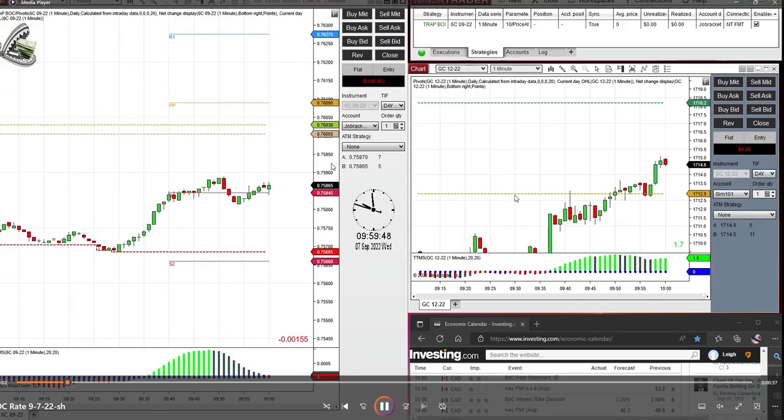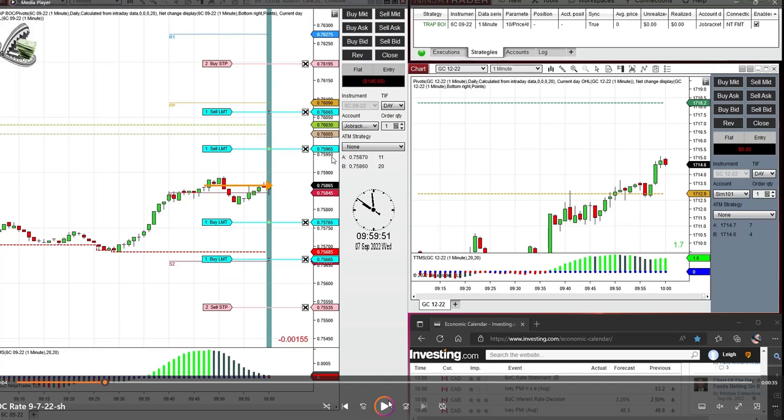So this was September. There's our orders, two tiers above the current price. If it goes that way, we're going to sell. Two orders below the current price. If it goes down, we're going to buy.